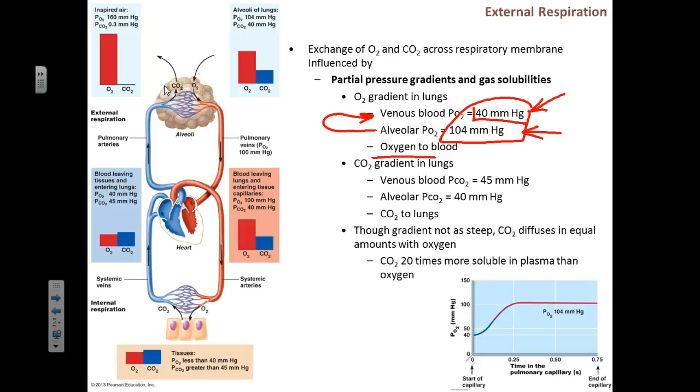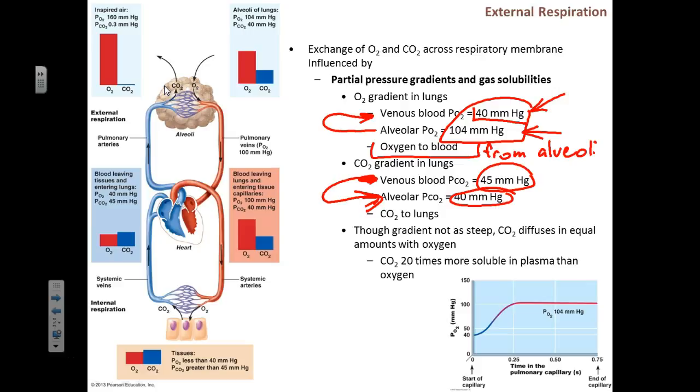So that's what we get in the end: oxygen goes to blood from alveoli. On the opposite note, concentration of carbon dioxide in the blood, right here, is higher than concentration of carbon dioxide in the alveoli.